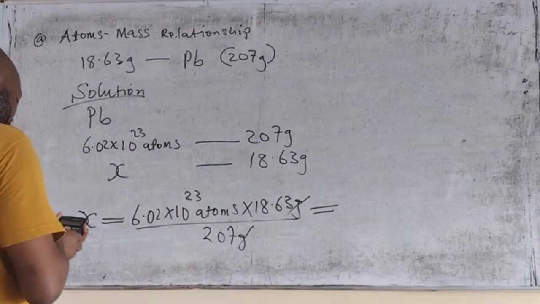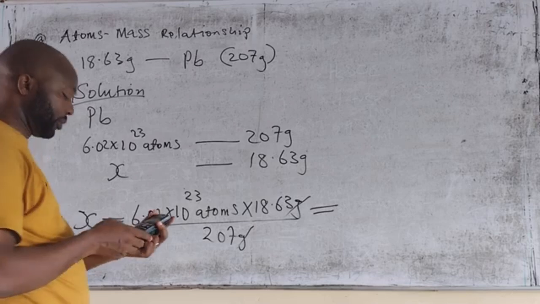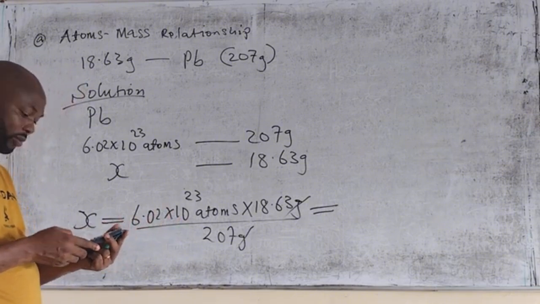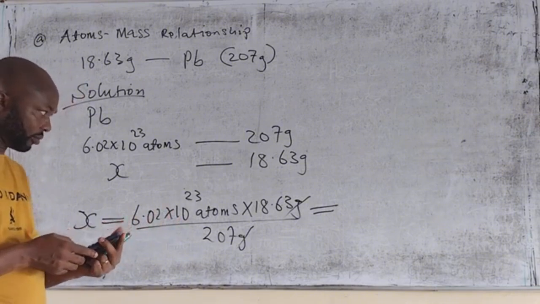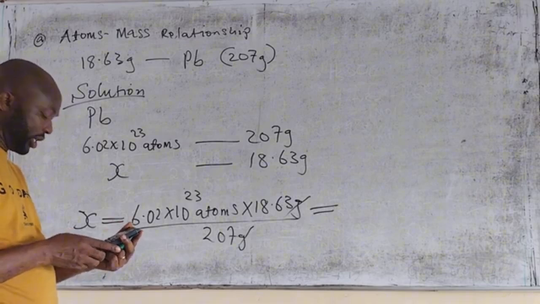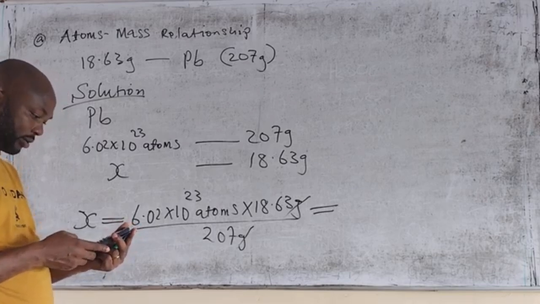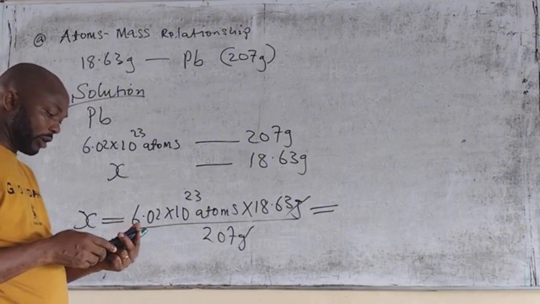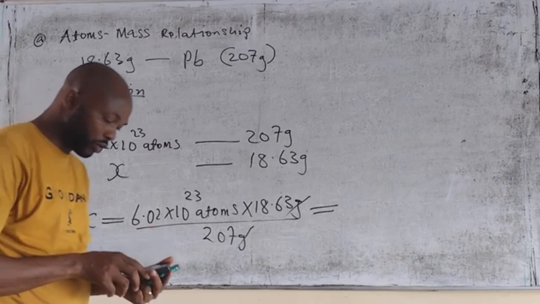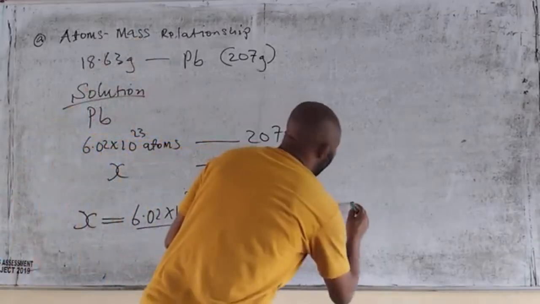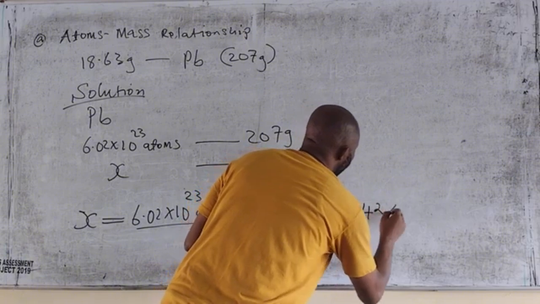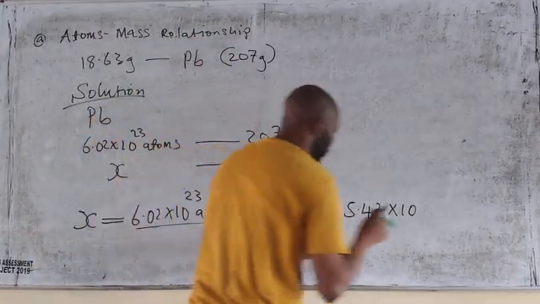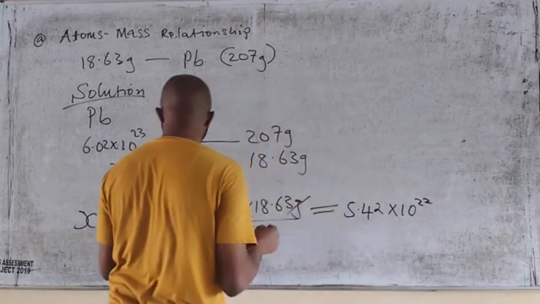I have 6.02 times 10 raised to the power 23 times 18.63 divided by 207. That is 5.42 times 10 raised to the power 22 atoms.